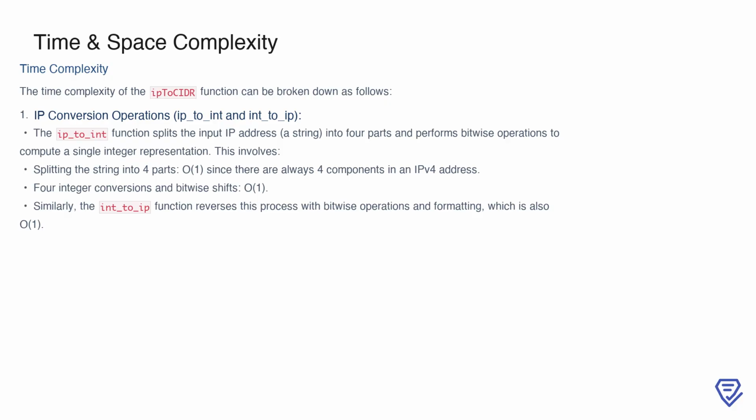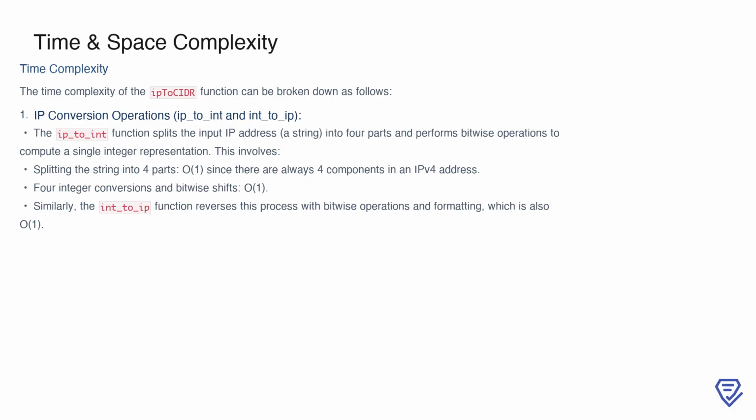The IP_to_int function takes an IPv4 address, splits it into its 4 components, and uses bitwise operations to compute a single integer. This process involves a fixed number of steps, splitting the address into 4 parts and performing 4 integer conversions with bitwise shifts. Since these steps are constant regardless of the input, the time complexity is O(1).